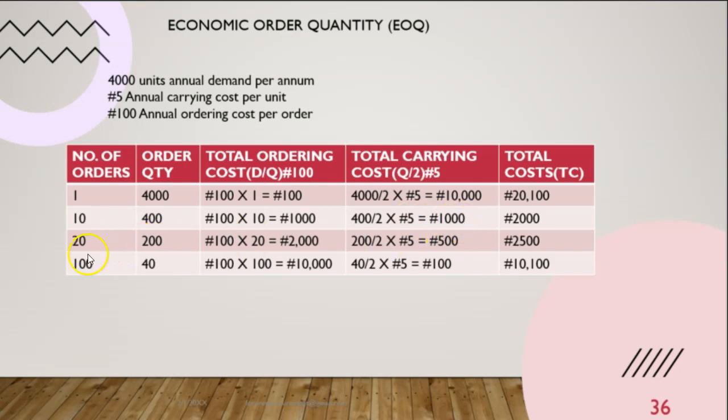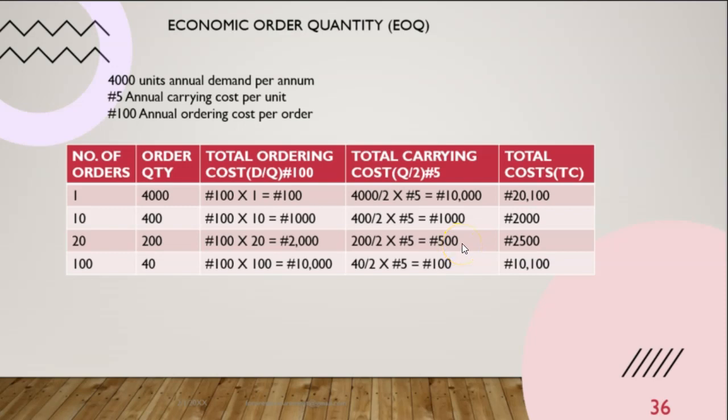If we take another option, we make 20 orders of 200 units each time, we are going to get 100 multiplied by 20, which will give us ordering cost of 2,000 and carrying cost of 500.